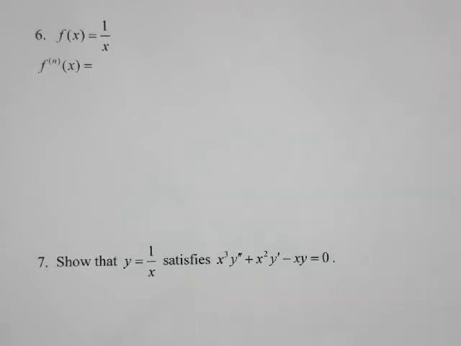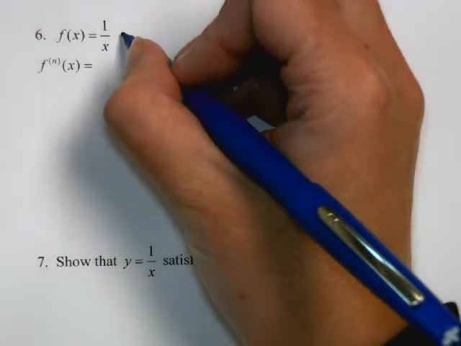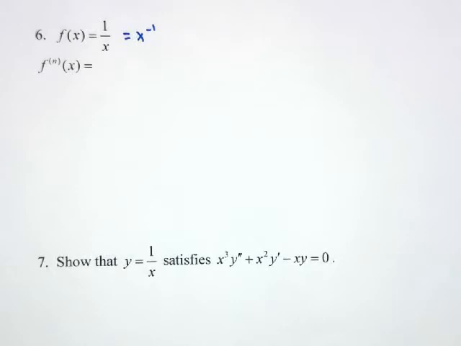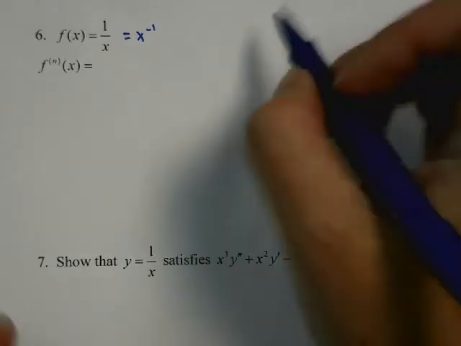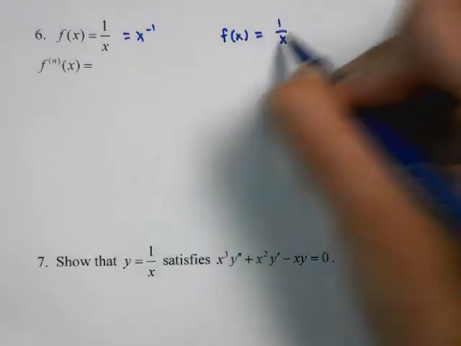Okay, we want the nth derivative. So we're going to come up with a general equation for what's happening to this derivative. So we know, and it may be helpful to treat this as x to the negative 1 if you want to, f of x is 1 over x.